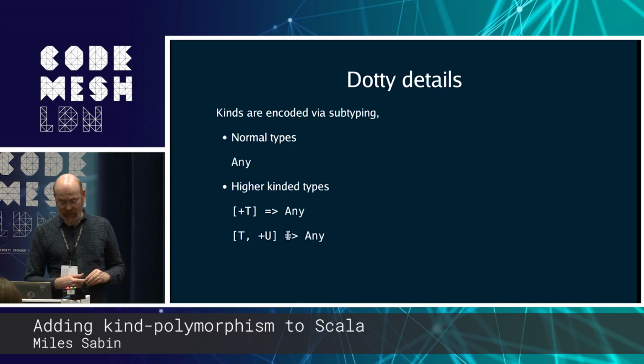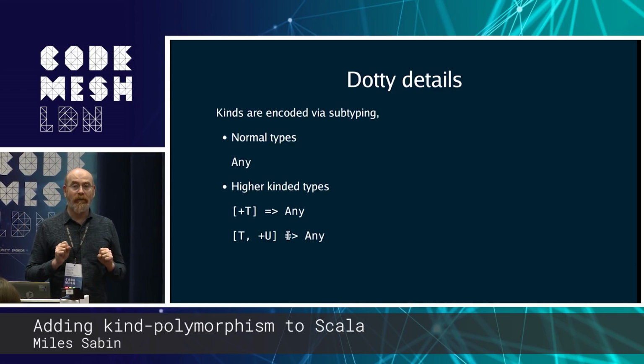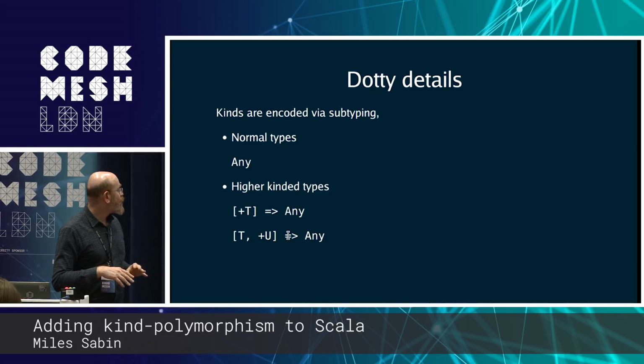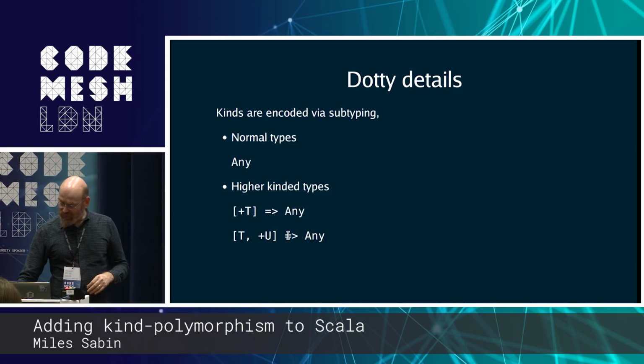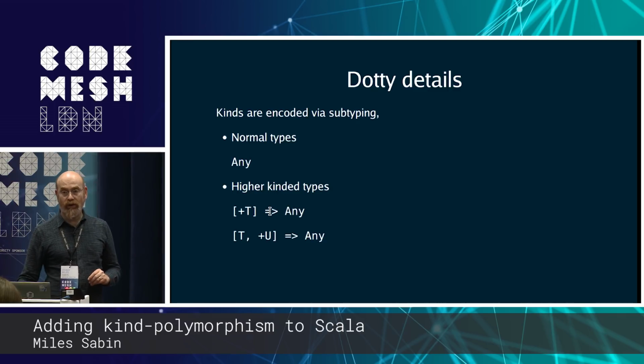Their kinds, rather, are in fact the most generalized variant. The most general type of kind star is Any. The most general type of kind star arrow star, at least with a covariant type parameter, which corresponds to Option and List, is a type function from T to Any.